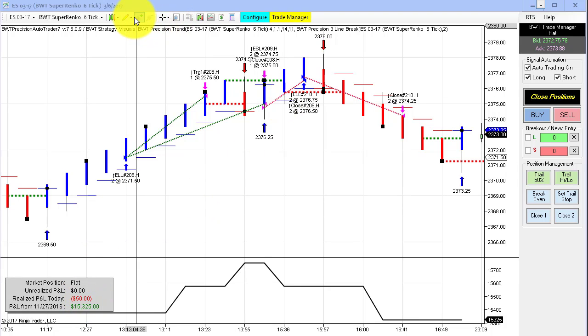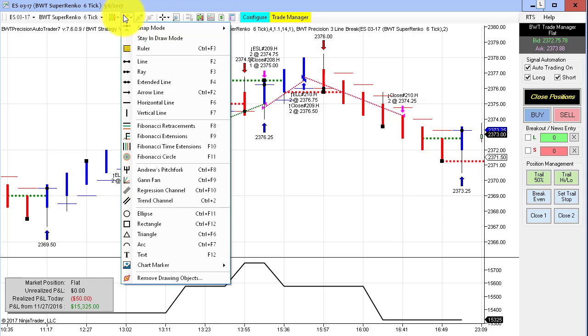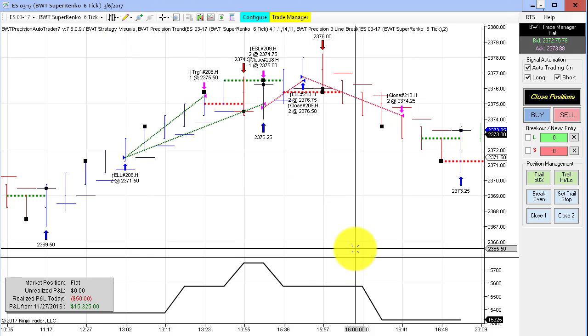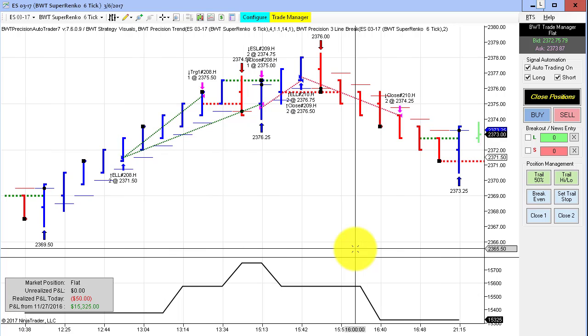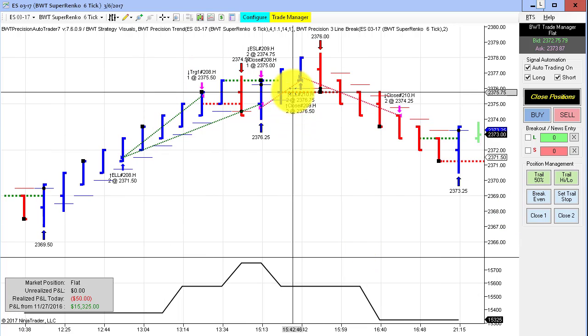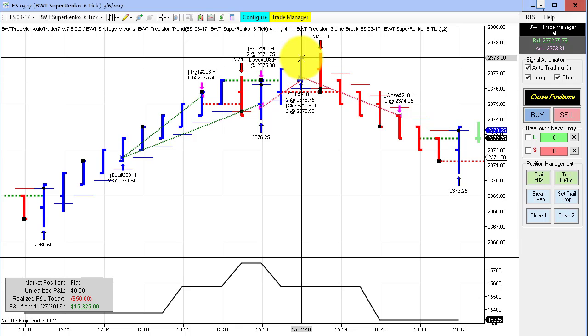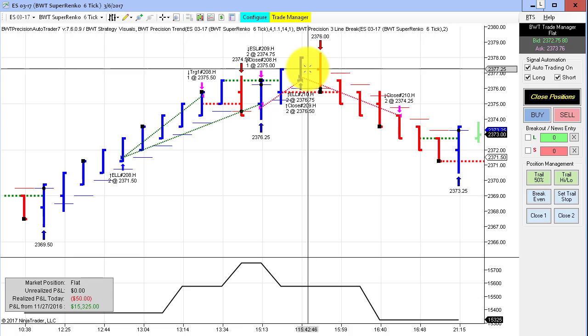The reason for that is, if I make these bars open, low, high, close, and I make them a little bit thicker here, what happens is the close of the Renko bar is here, and the open of the next bar is here. But that's not the way it really occurs in real time.